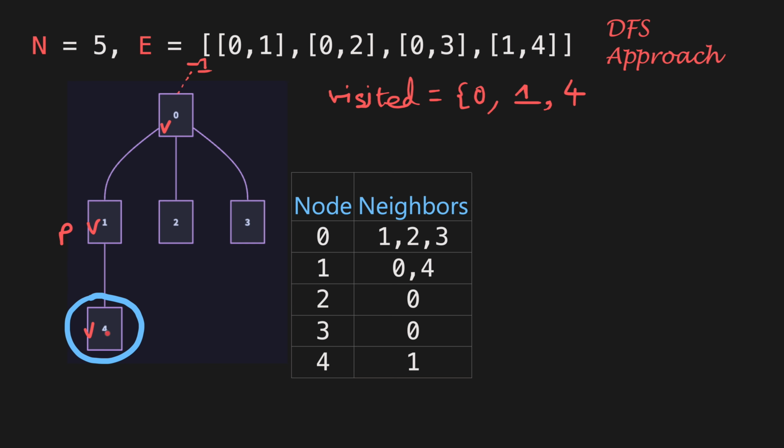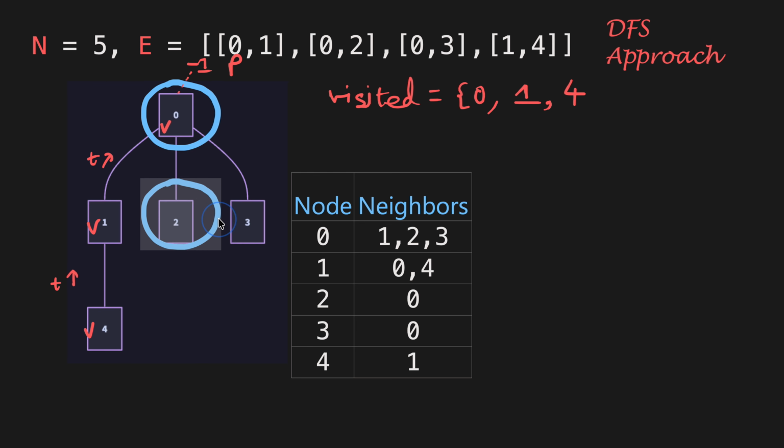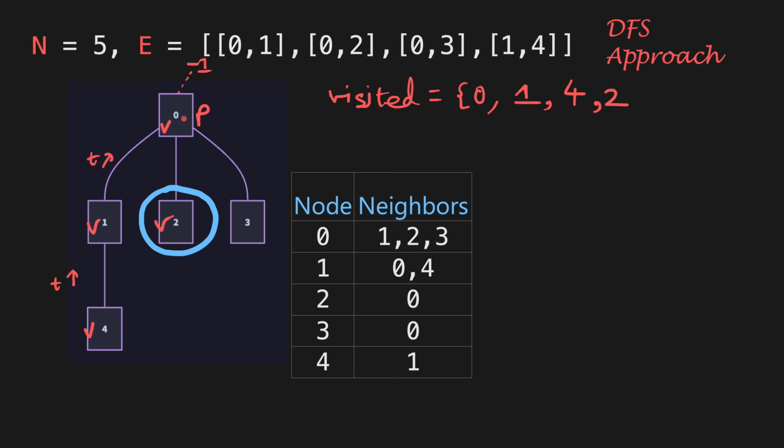Now, since we processed all the nodes along this trail and couldn't find any cycle, we return true from here. But we still have to explore the rest of the tree. So we backtrack to node 0 and go to its next neighbor, node 2, with parent 0. We mark 2 visited. Its neighbor is 0, the parent, so we ignore it.